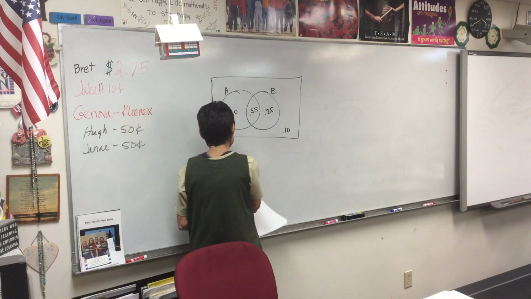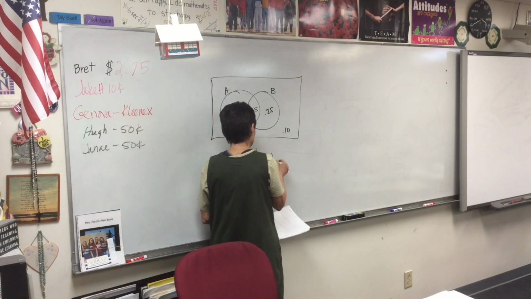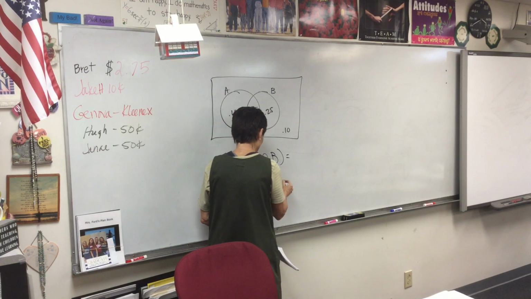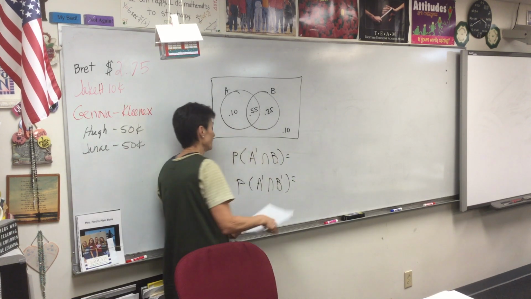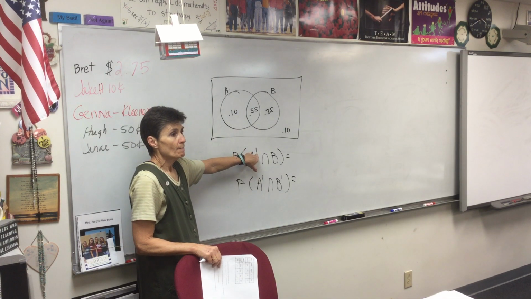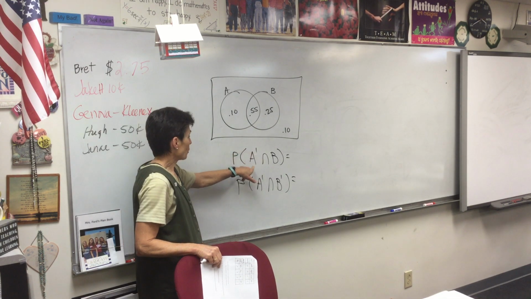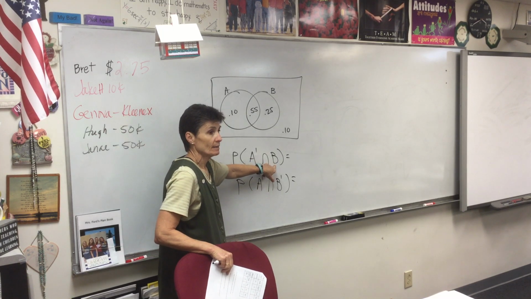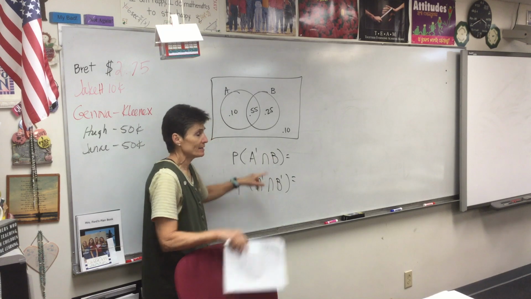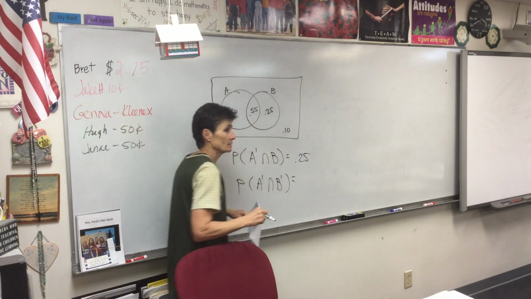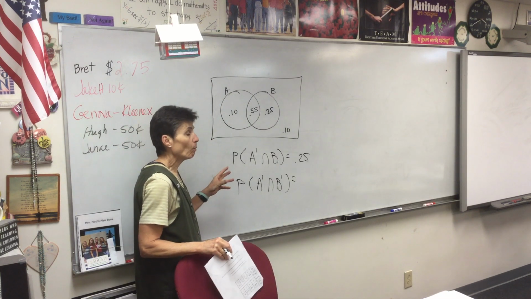So then we can answer the questions. Remember that the little apostrophe thing there means not. So we're not in A and we're in B. So who's in B but not in A? 0.25. You can't say 0.8.